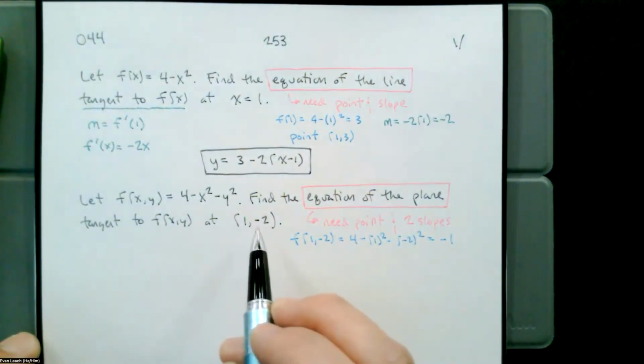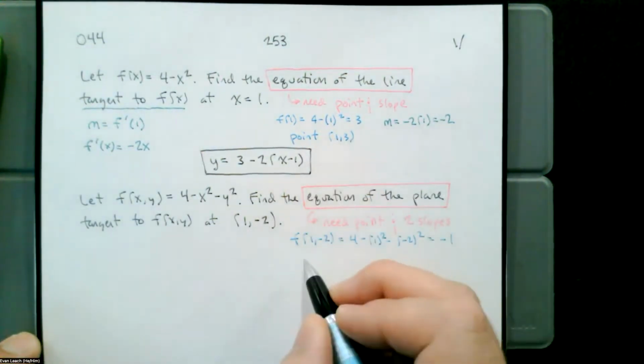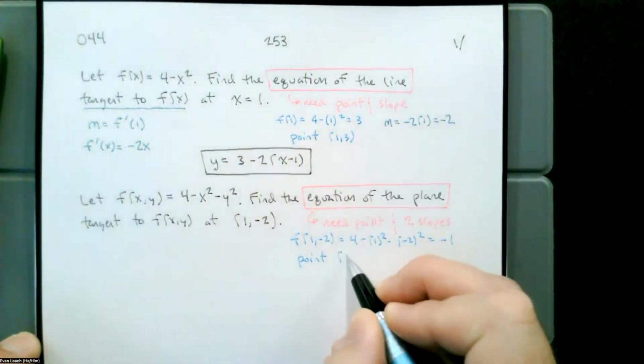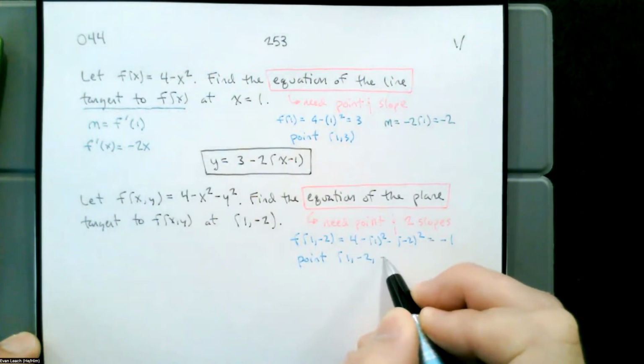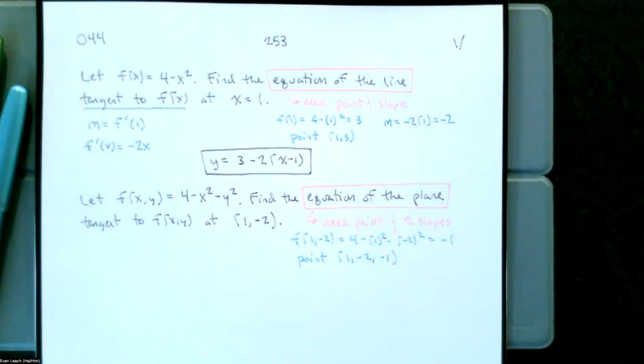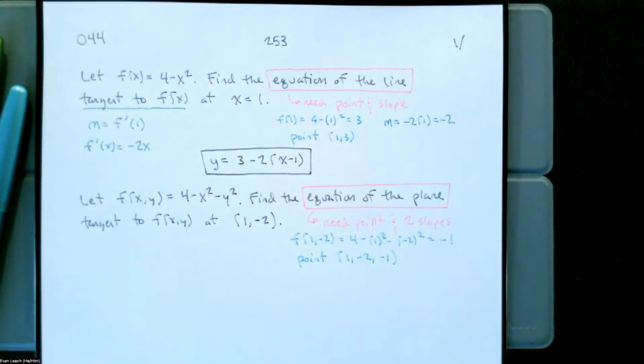I just take the point I'm interested in and find out what the other coordinate is. So our point, 1, negative 2, negative 1. So we're going to be seeing an x minus 1, y plus 2, and z plus 1.